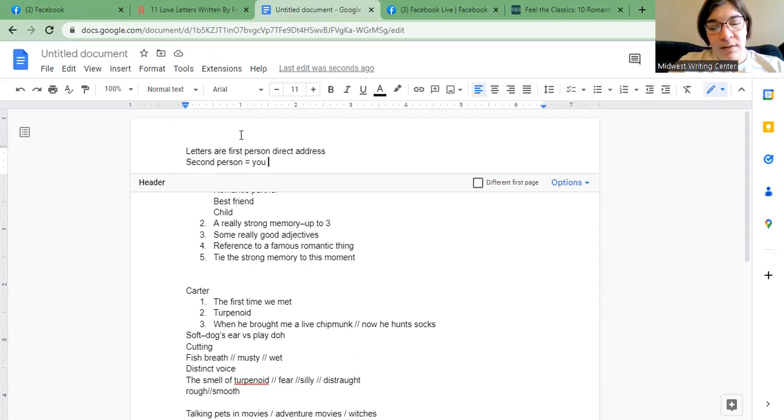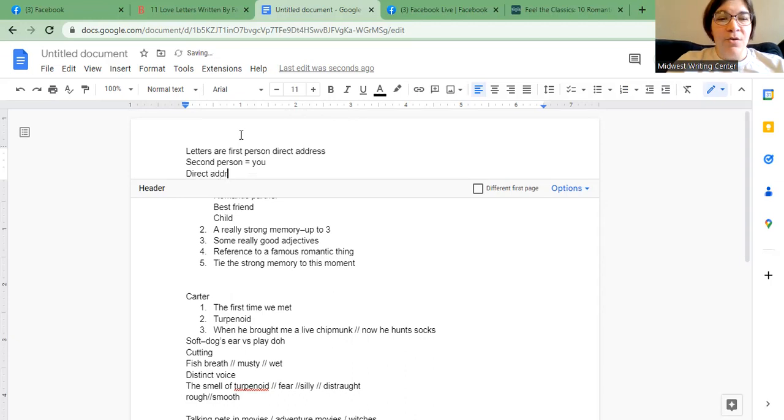Second person is you are telling this story. Third person is he, she, they are telling this story. So a lot of the time, second person isn't directly to someone. So direct address means I am talking to you.